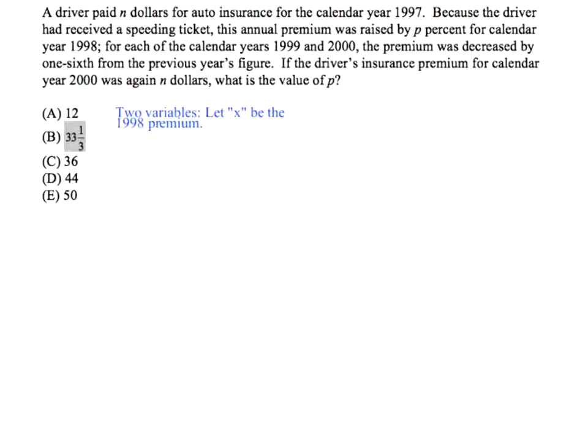So the point here is in 1998, it's $X. And then in 1999, it's 5/6 of that. If you're not sure what the 5/6 is, if you take away 1/6 of something, then you have 5/6 of it left, is the point.